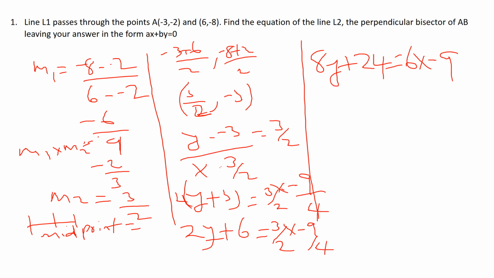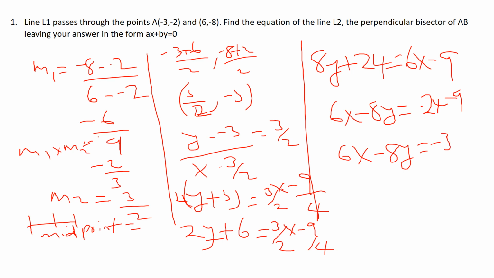Then to leave our equation in that form, I can have 6x minus 8y equals negative 24 minus 9, and in this case I'll have 6x minus 8y equals negative 33. So that is how you can get such an equation of that type.